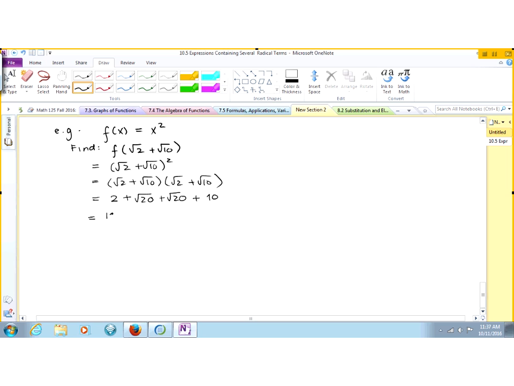Okay. So this is what? 12 plus 2 square root of 20. Can I simplify square root of 20? Yes, it is 4 and 5. Okay, good. So this is 12 plus. The square root of 4 gets out, it becomes 2. But you have a 2 in the front already. So 4 square root of 5. Okay, finish.